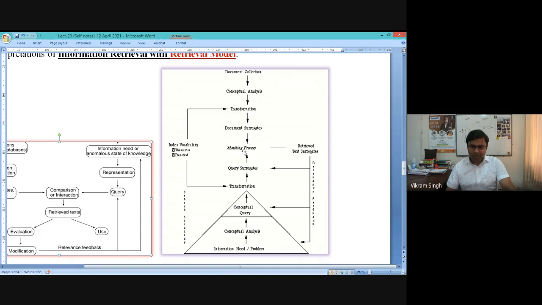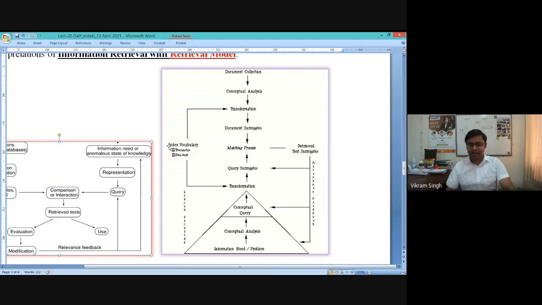Now, to perform this matching, naturally, you need a query. So the query is coming from the bottom. Here, the information need at the bottom is the problem, then its conceptual analysis, then the conceptual query, then the transformation is shown. This transformation is basically in the form of a query surrogate, and this is again sent to the matching process. Naturally, at the implementation level, you will have different components.